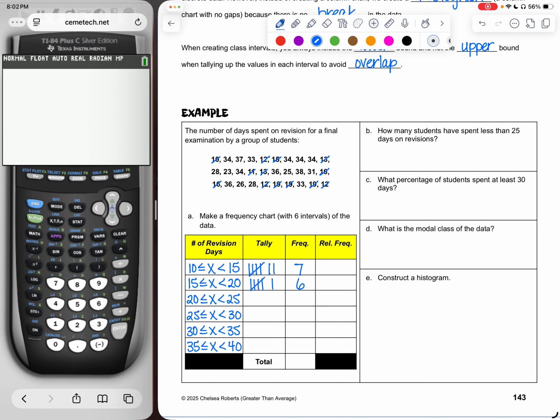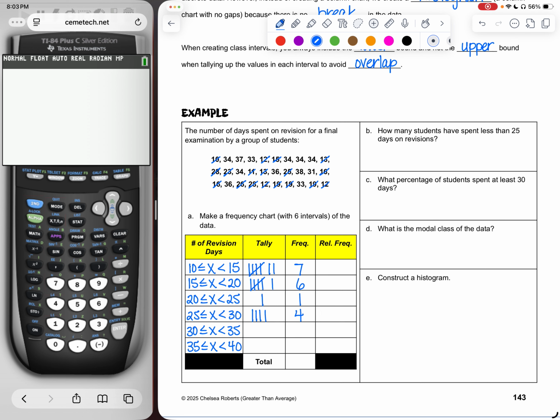From 20 to 25, we have 1 number. From 25 to 30, we have 1, 2, 3, 4 numbers.